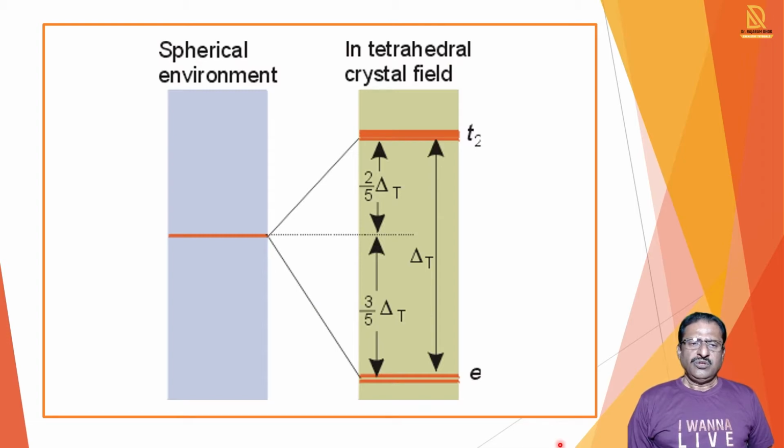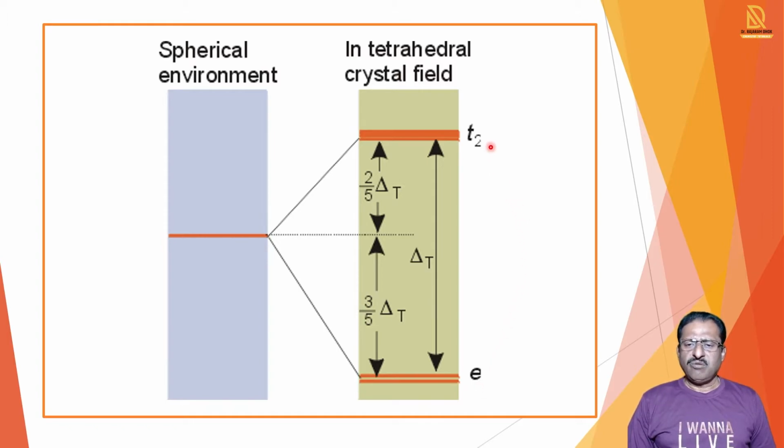So you see this diagram. Here by splitting, T2G acquires higher energy and EG acquires lower energy. Then the energy difference between the octahedral complex and the tetrahedral complex is exactly opposite, because in octahedral complexes we have seen T2G is lower energy and EG is higher energy.